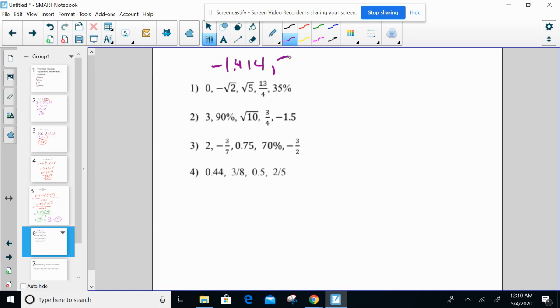That is positive 2.236. 13 over 4, just do division, 3.25. And 35%, you just move the decimal place 2 over, so 0.35.